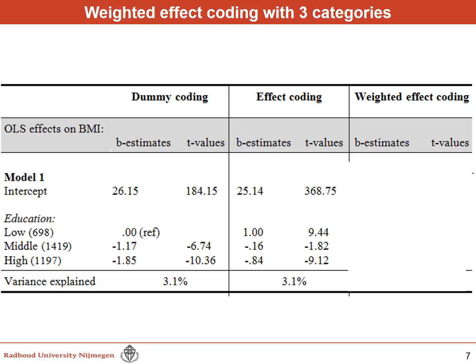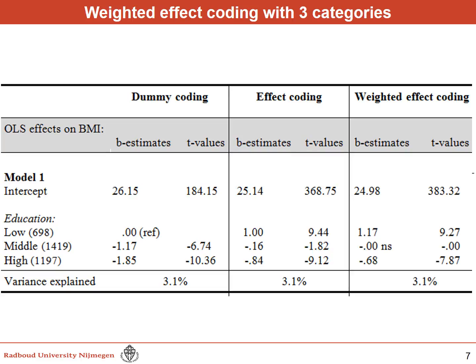And that is typical for effect coding, because we do not take into account the different number of observations. We assume that all categories are basically just as big, and as a consequence, the three estimates will always add up to 0.